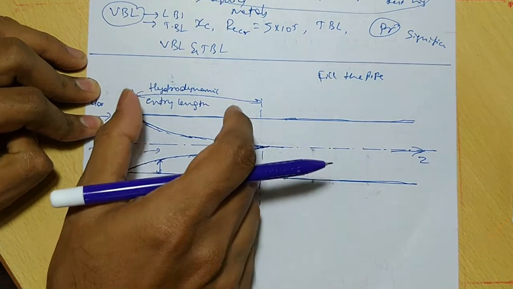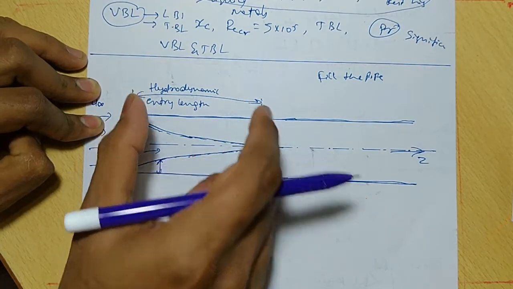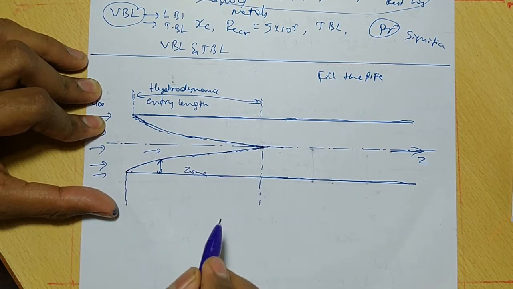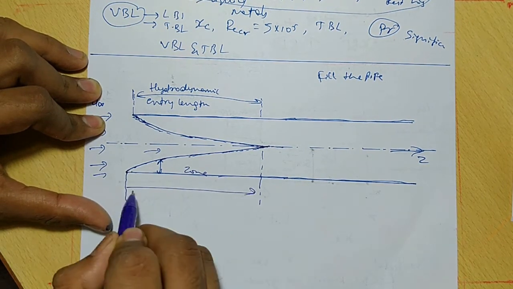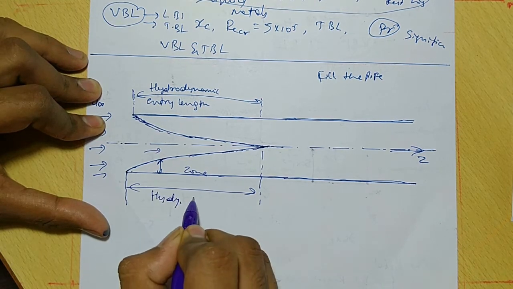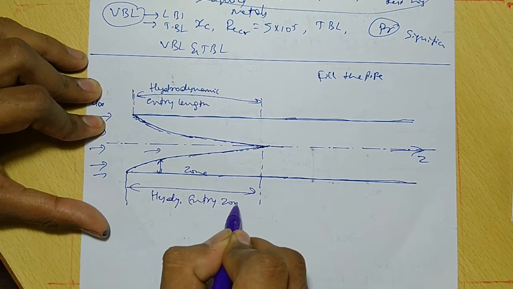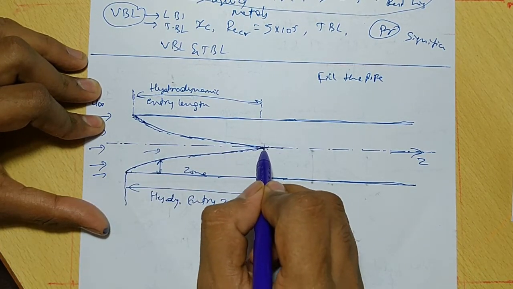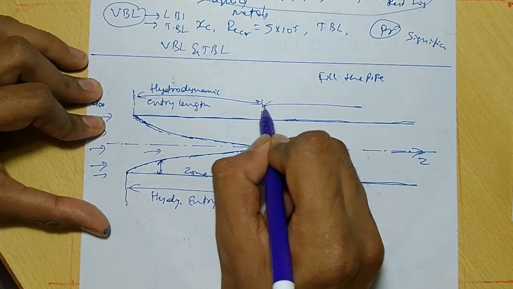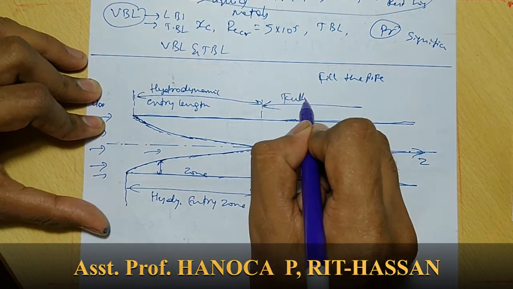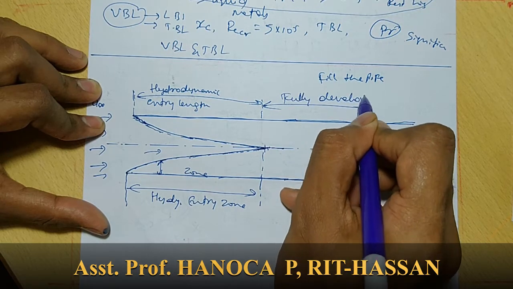This length is the hydrodynamic entry length, and this zone is called the hydrodynamic entry zone. After this entry length, the zone is called the fully developed flow.